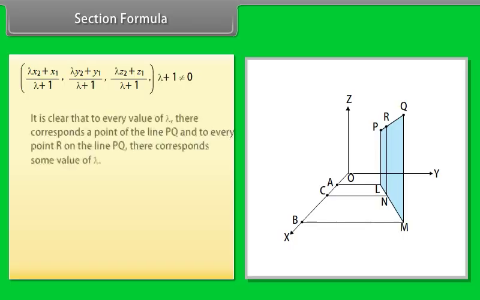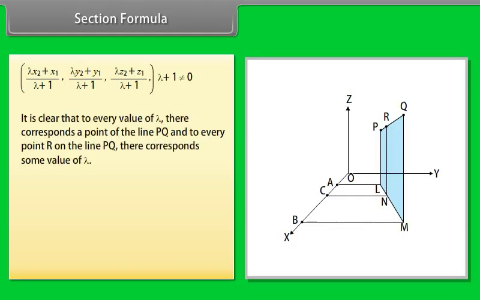It is clear that to every value of lambda, there corresponds a point of the line PQ, and to every point R on the line PQ, there corresponds some value of lambda.